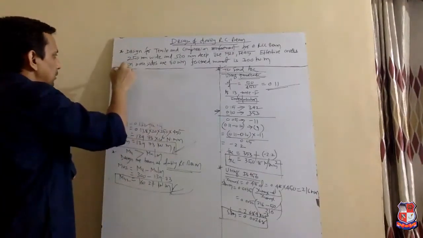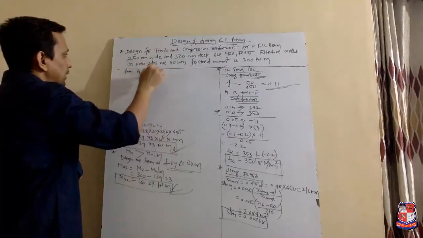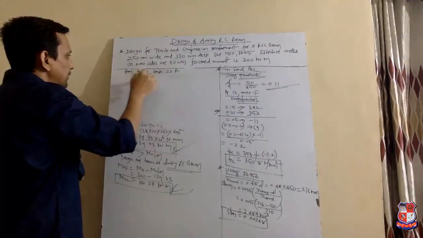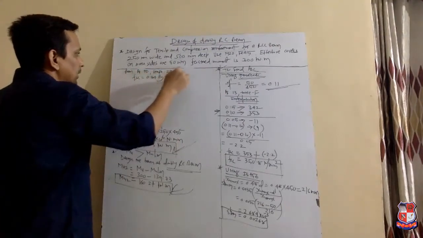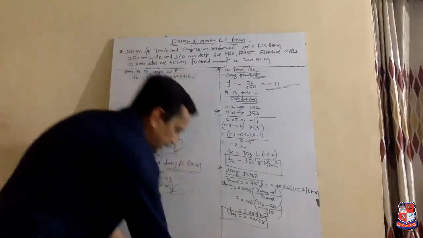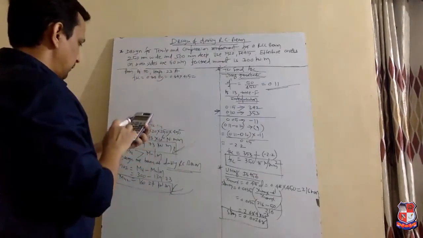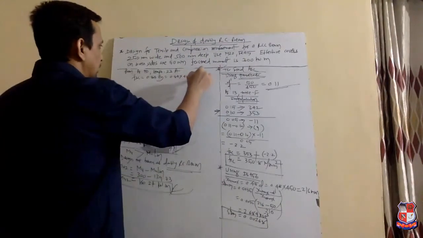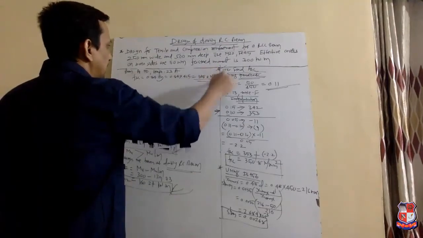FSC value from page number 70, graph 23A, FSC is equal to 0.84 Fy, and we get it comes 348.6 Newton per mm square.